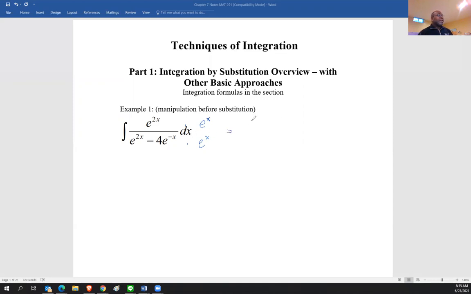So if we do that, then our integral becomes e to the 3x over e to the 3x minus 4, dx.